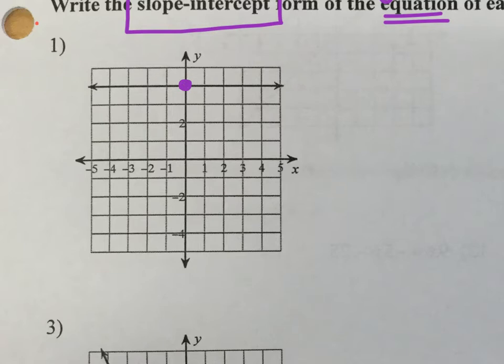Some of you realized the slope there is 0, but even if you weren't sure about that, think about the only way I can get a line that cuts straight through the y-axis is if the line says y equals. So this example is just a y equals line, and think about where it's crossing the y. It's crossing at 4, so this is going to be y equals 4.